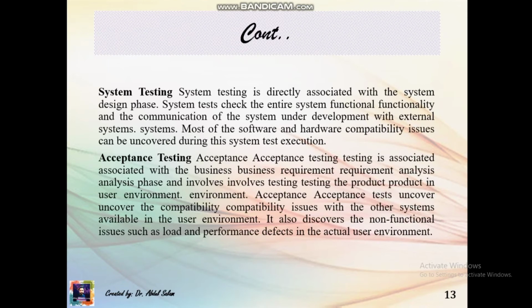Next is acceptance testing. Acceptance testing is associated with the business requirement analysis and involves testing the product in user environment. Acceptance tests uncover the compatibility issues with the other systems available in the user environment. It also discovers the non-functional issues such as load and performance defects in the actual user environment.